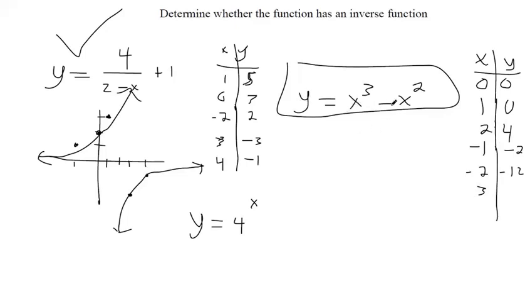So 27 minus 9 is 18, I think. Okay, that's probably enough. So 0, 0 is a dot, 1, 0 is a dot, 2, 4 is a dot. -1 comma -2 is a dot, -2 comma -12 is a dot, and then it just starts getting out of control like that.